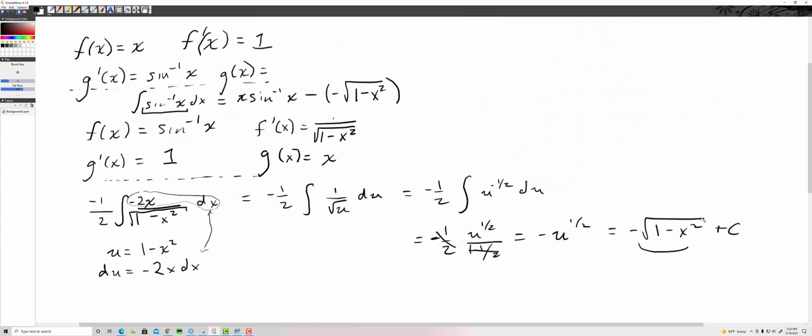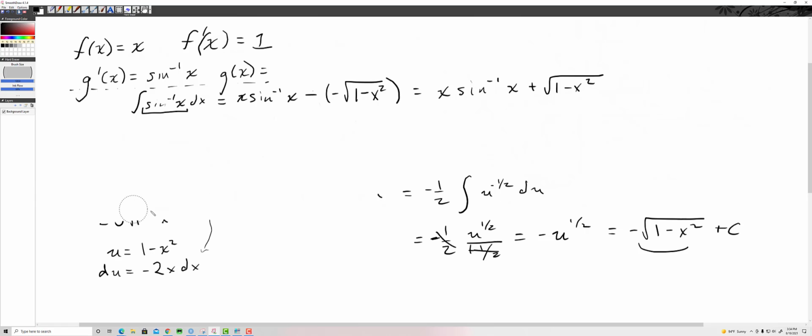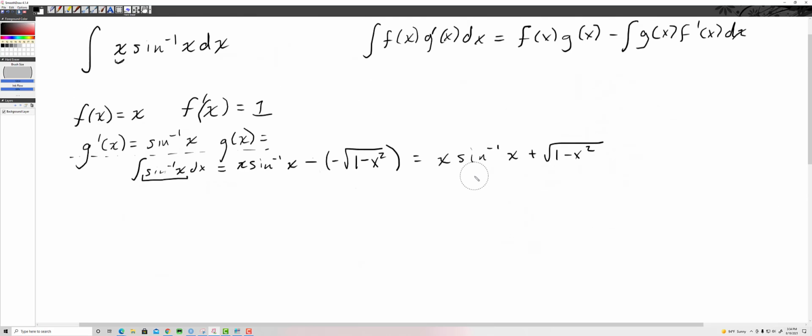Again, I'm just putting this up here, and that's going to be x sine inverse x plus square root of 1 minus x squared. Clear some space out. Okay, we scroll back up.